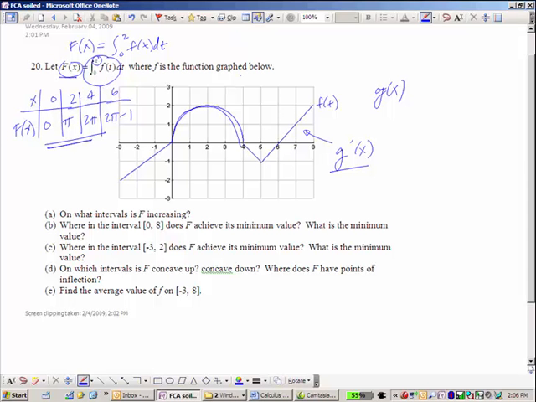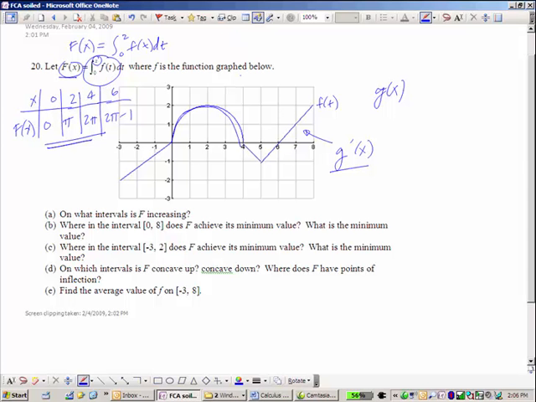So if capital F of x is the area function, and you're looking at what we're taking the area of, it's just like saying, you're looking at the derivative, talk to me about the function. Is that all right? That makes sense, yeah. It's definitely a different way of asking it, and it's hard to wrap your mind around the fact that the area function is just the definite integral of the function.